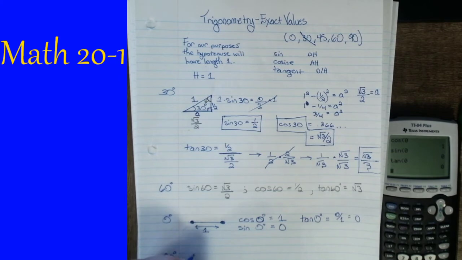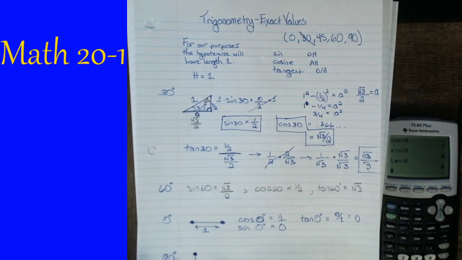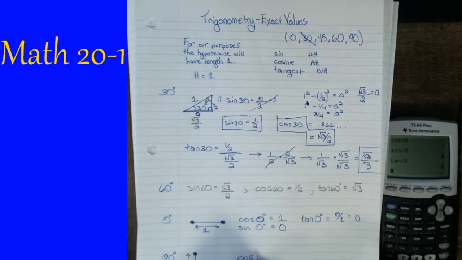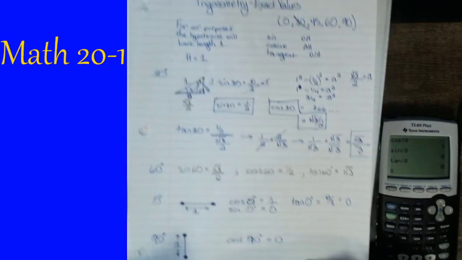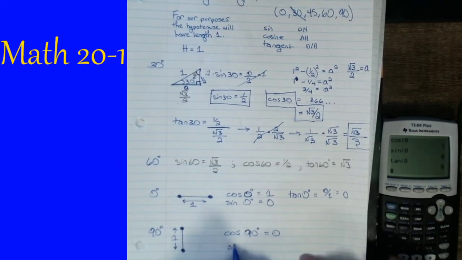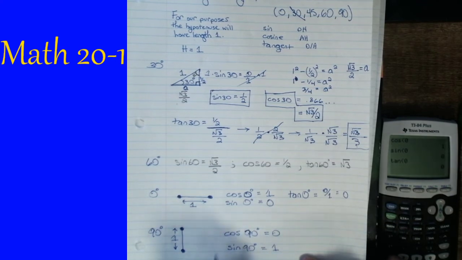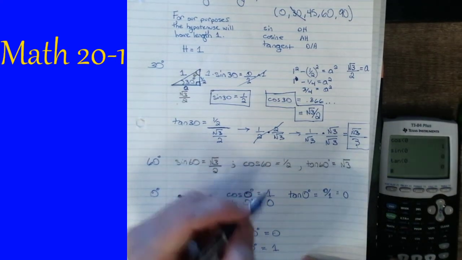90 we can do symmetrically to 0, just some of the things flip, because now instead of going across one length, we've gone up, we've risen one length. So therefore cosine of 90 degrees is equal to 0 now. Sine of 90 degrees is equal to 1. These two here just flip.